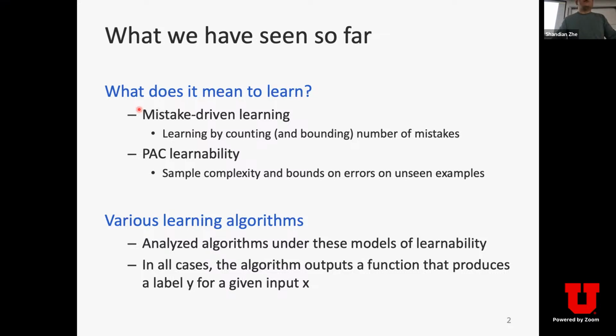Think about the generalization error bound we have discussed previously in the agnostic learning framework. This is probably the most general learning framework we have discussed so far.